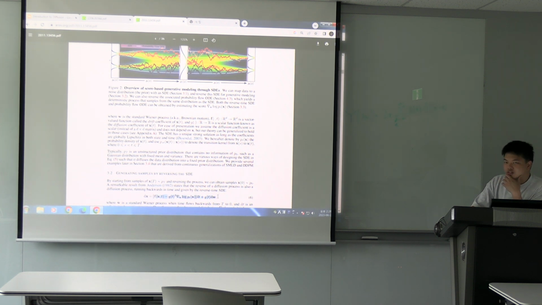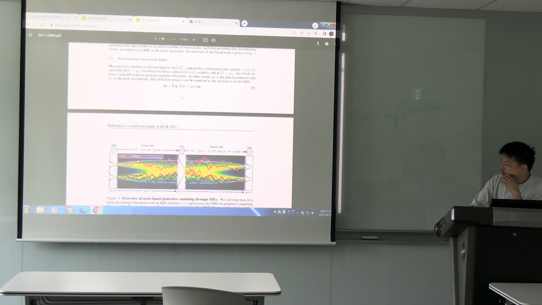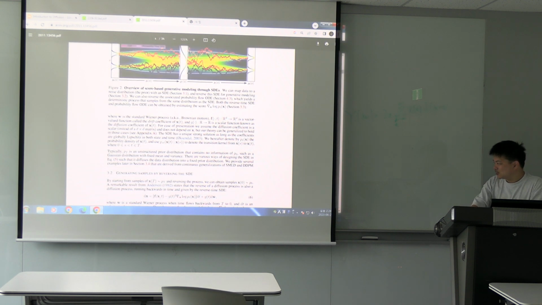So the SDE is the process from the clean image to the noise. Yes, from clean image to noise, there is a stochastic process described like this. This is the noising process, right? And there is a reverse going from noise to clean image, described like this.